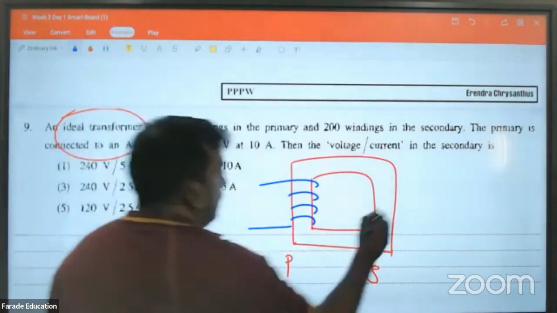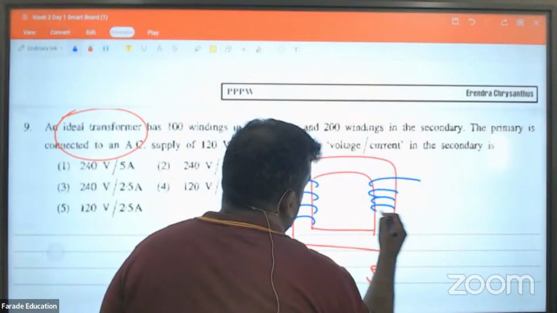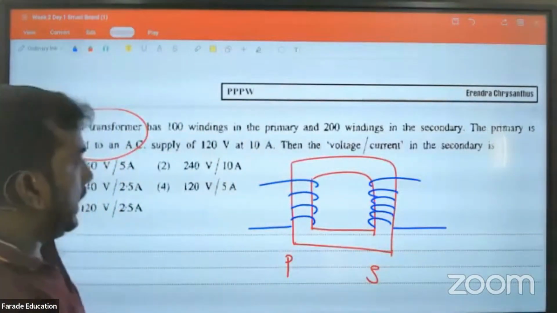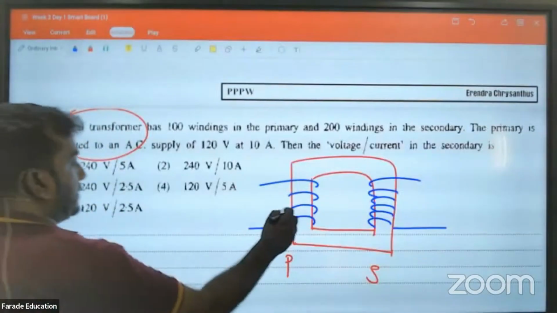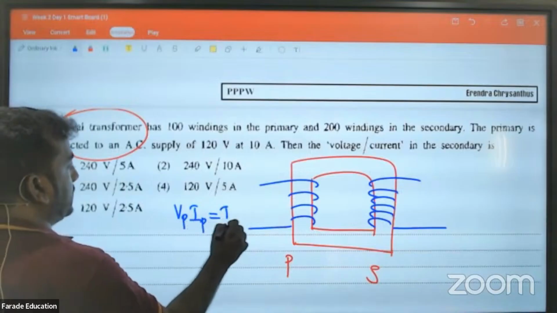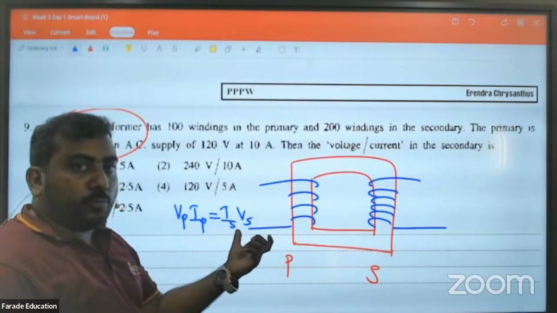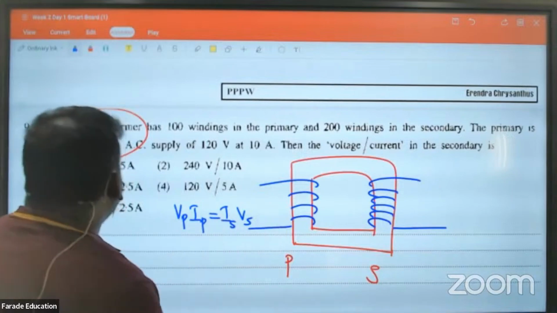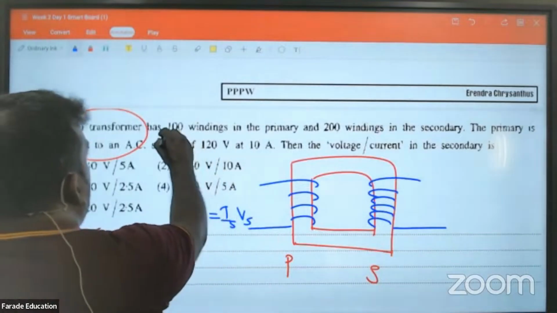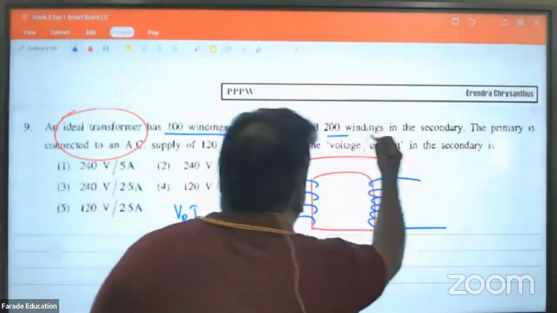Right. So here, they are saying ideal, which means, remember this, VpIp equals VsIs. Input power and output power are both the same. They tell you there are 100 windings in the primary and 200 windings in the secondary.